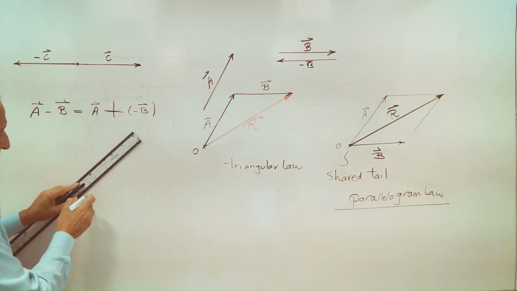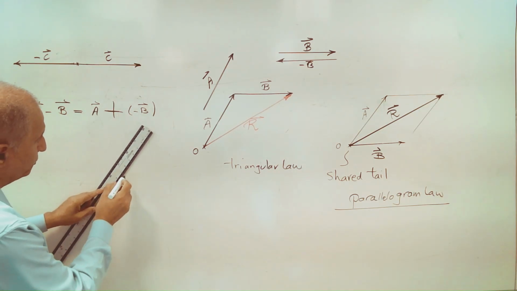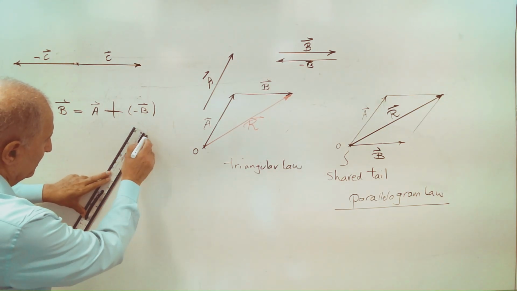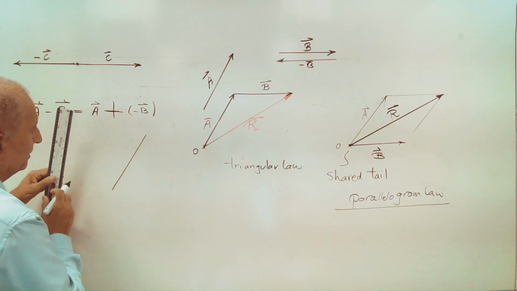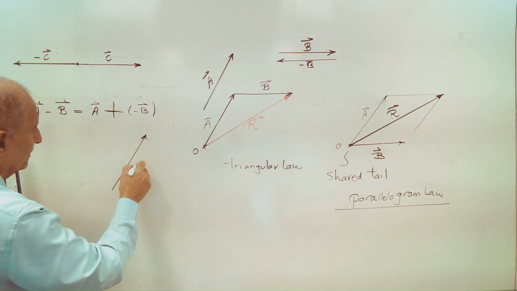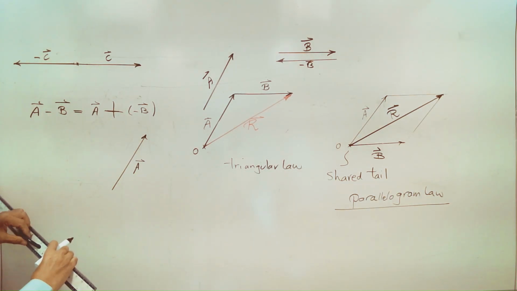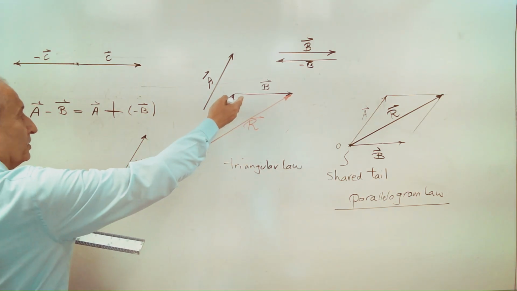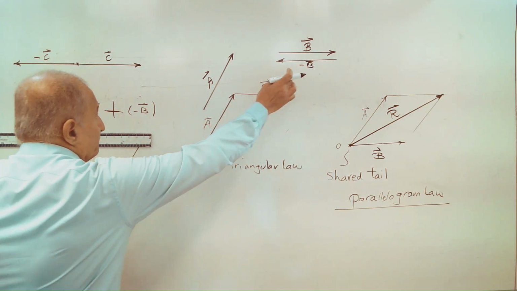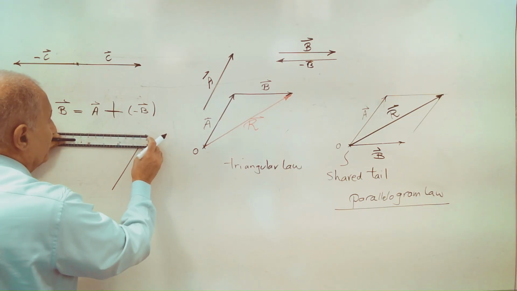Let's add these two, A and minus B, together. Okay. I draw parallel to A. This is vector A. And using the triangular method, minus B added tail to tail.